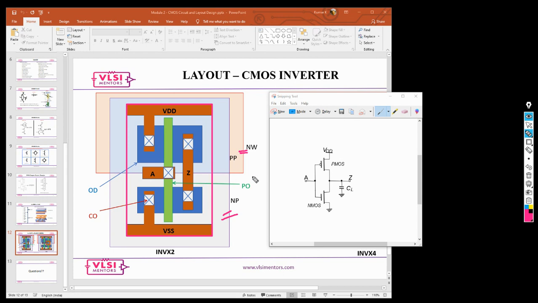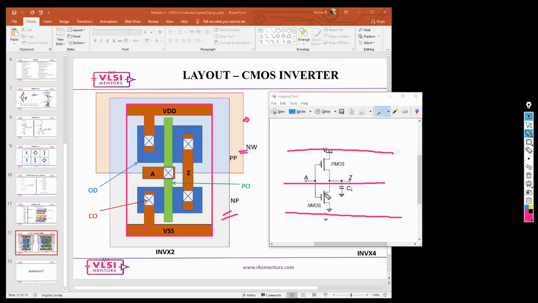So you first prepare the N well. Next, N plus, and at the same time next is going to be your P plus. So now basically you have prepared the area for your NMOS and PMOS.